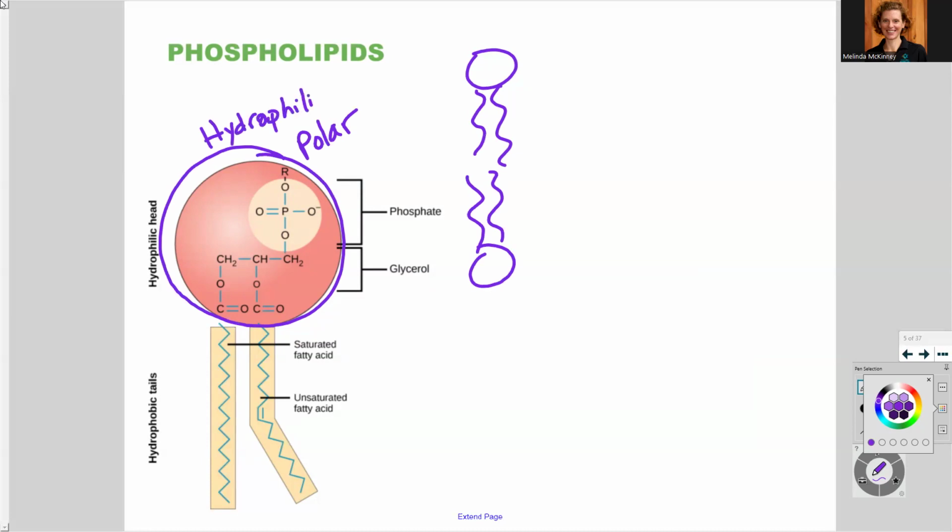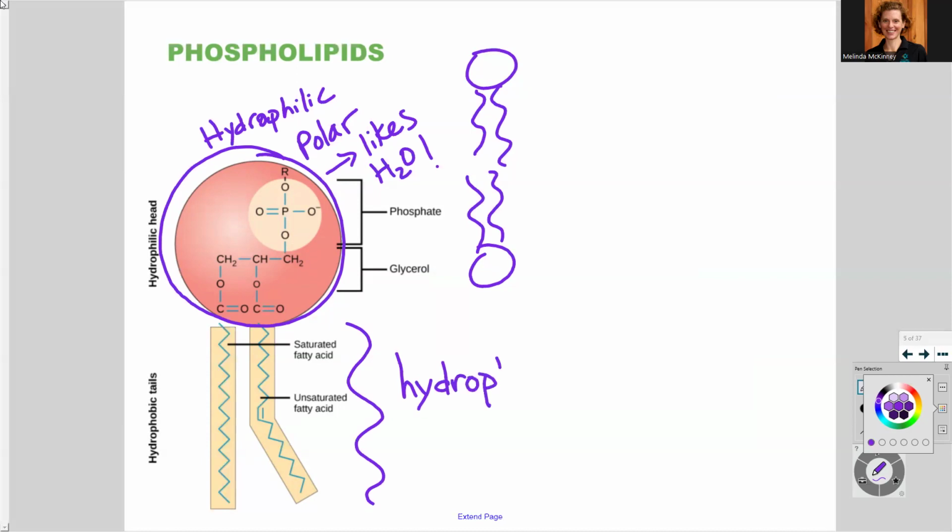So it likes water, okay? Whereas this part down here is hydrophobic. It does not like water. It's scared or phobic of water, right? Water fearing. So no water.